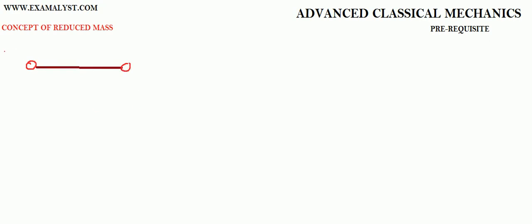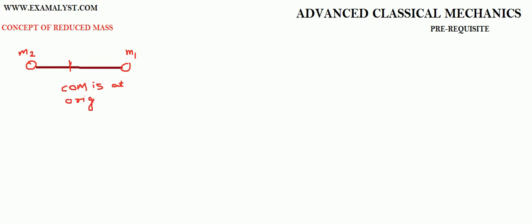Say the mass of ball number 1 is m1 and the mass of ball number 2 is m2. Somewhere there is a center of mass. Consider the center of mass is here, at the origin.